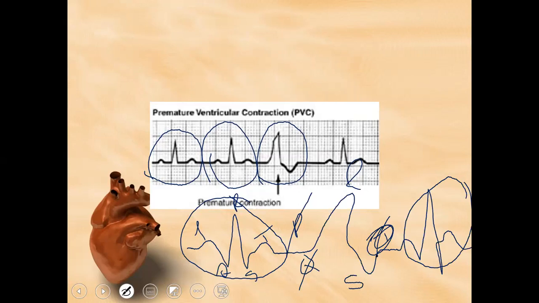What is a heart attack? Depends on why. Again, all of the cardiac conditions, heart murmur, heart attack, fibrillation, AFib, VFib, all it's telling you is what is happening in the heart, not what is causing it. Heart attack means the heart is not working. Why?